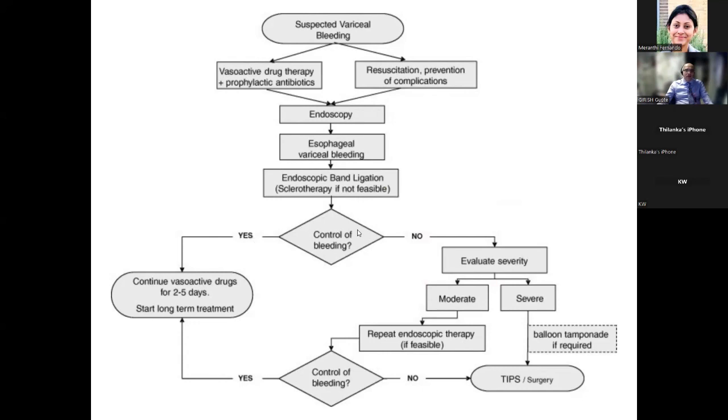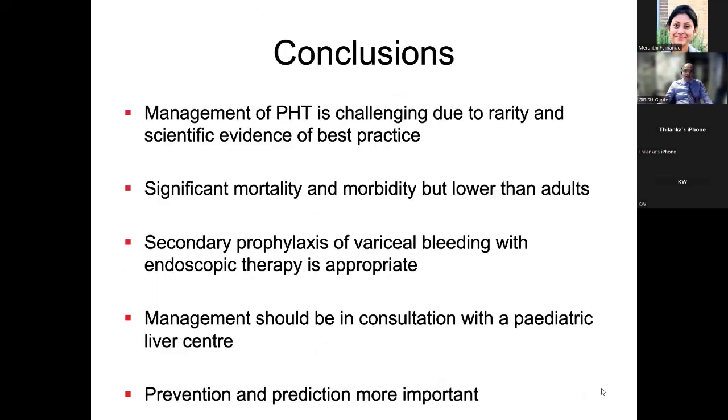Then continue to follow the algorithm with use of these vasoactive drugs, especially octreotide, and start some long-term treatment on them. And in those which are refractory, consider TIPS or surgery.